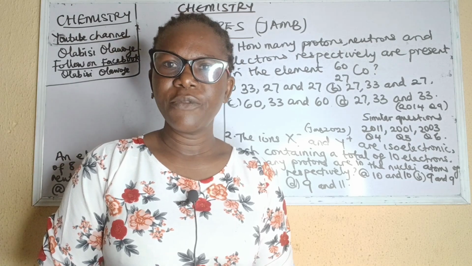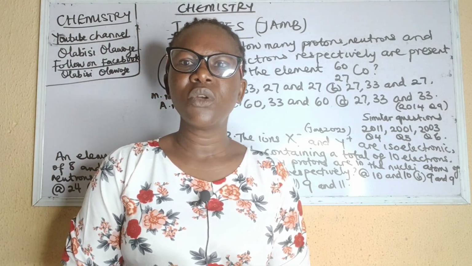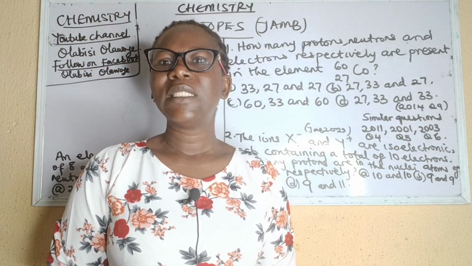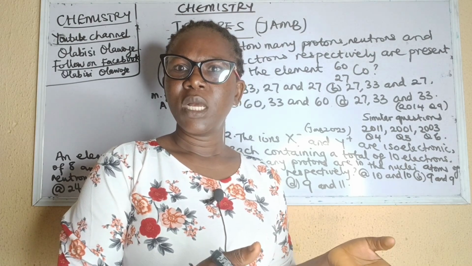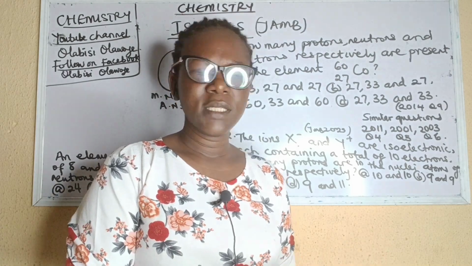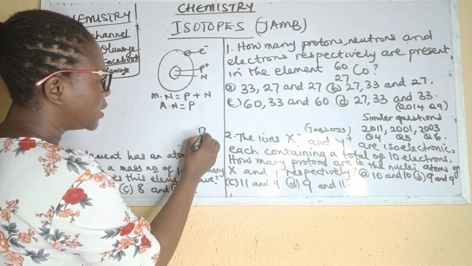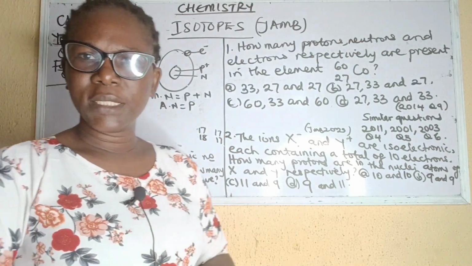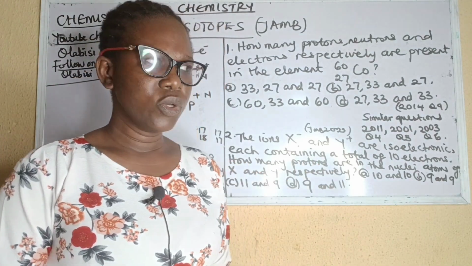Let's talk about chlorine, for instance. Chlorine has atomic number of 17, so it means the proton number is 17 because that is the atomic number. And the number of neutrons now differs. One has 17 protons and 17 neutrons, and one of them has 18 neutrons and 17 protons.